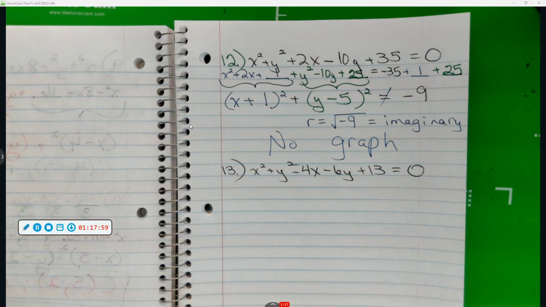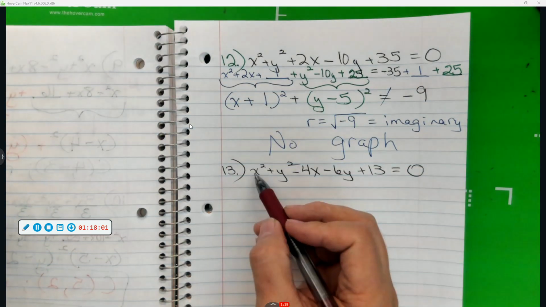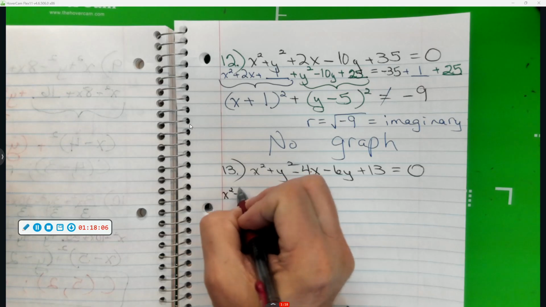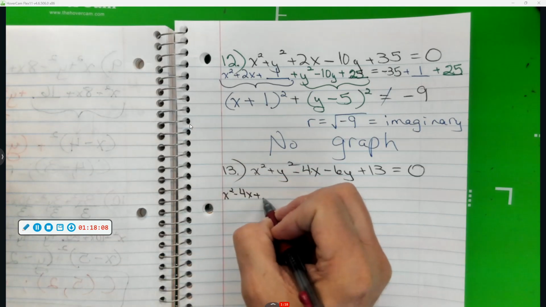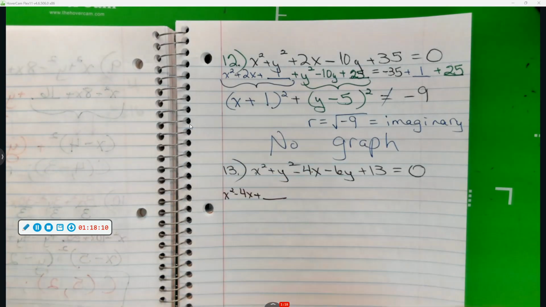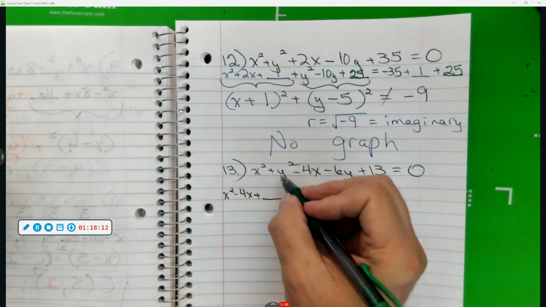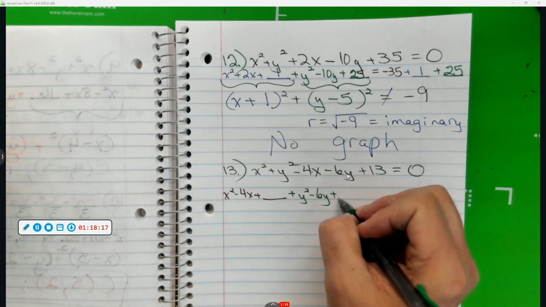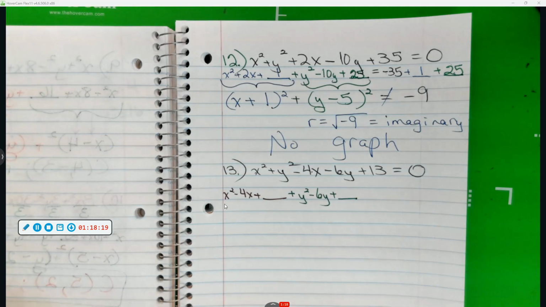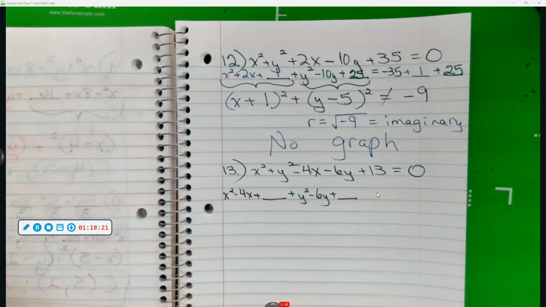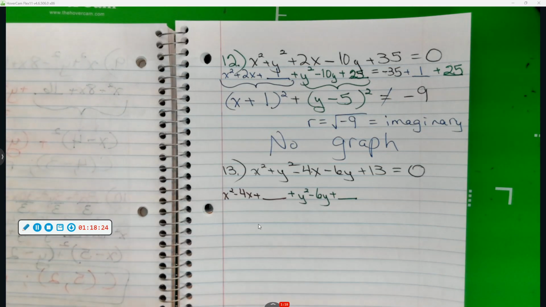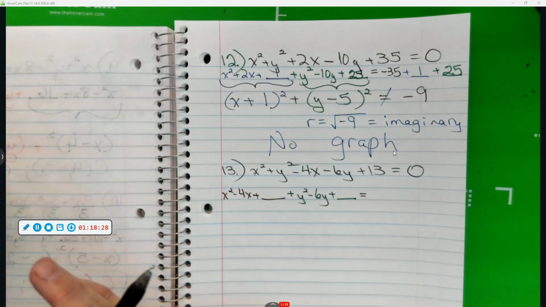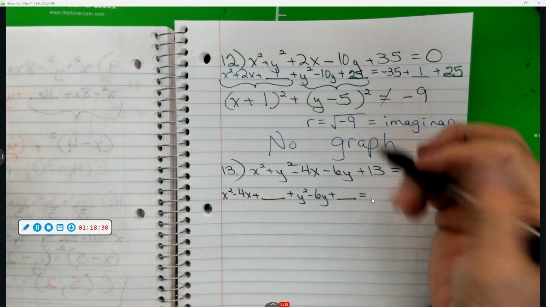I'm going to group my x terms together. I have an x squared minus 4x plus, skip some space. We have a y squared minus 6y plus, skip some space. What have we got on the right-hand side? Okay, we moved that 13 over.